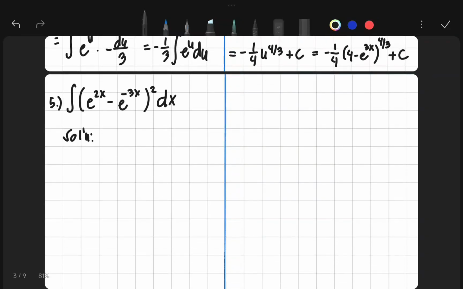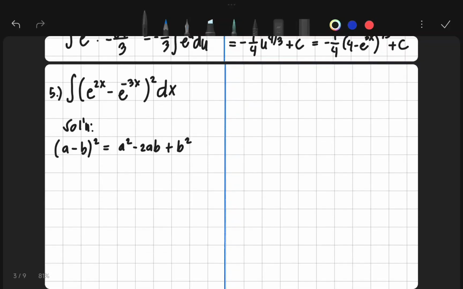So if you try to expand, let's say a minus b raised to 2, that is equal to a squared minus 2ab plus b squared. Let's say our a here is e raised to 2x and our b is e raised to negative 3x.